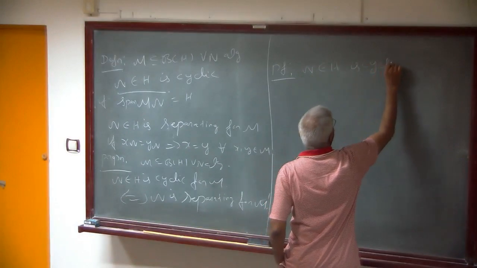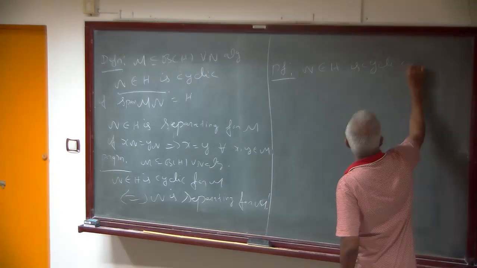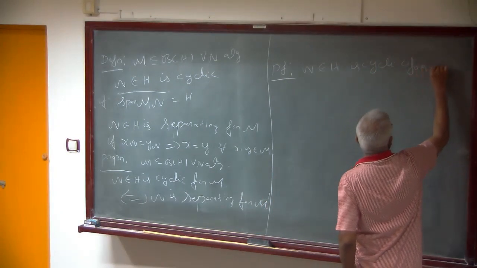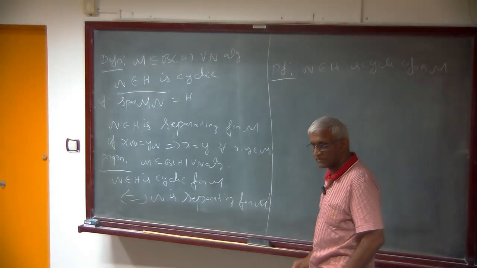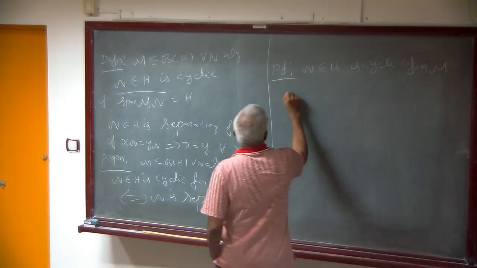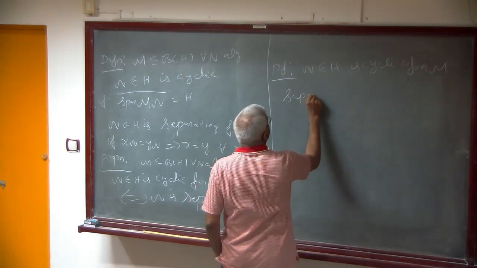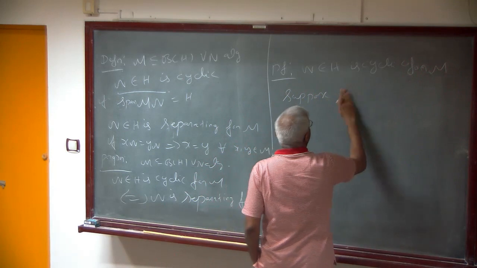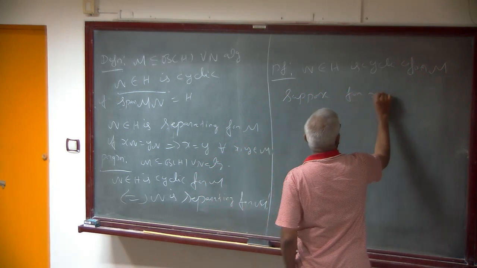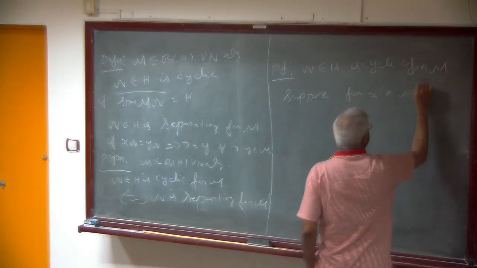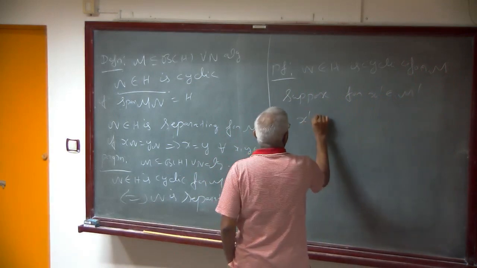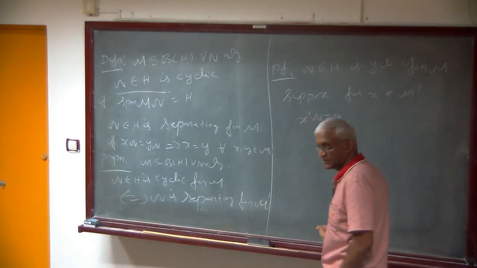So if omega in H is cyclic for M, you want to prove that it is separating for M prime. So suppose X prime in M prime with X prime omega equal to 0. We have to prove X prime is actually 0.